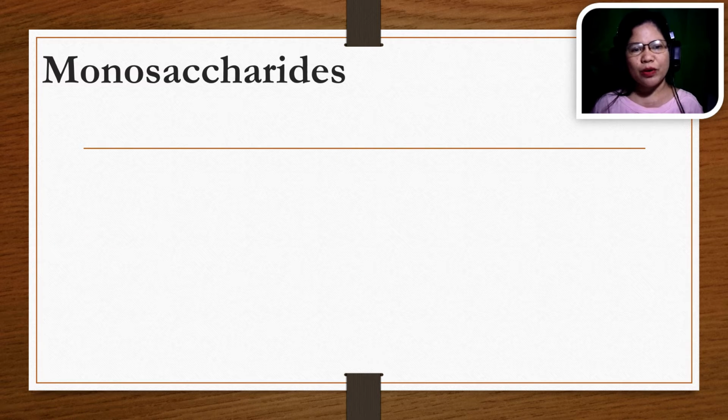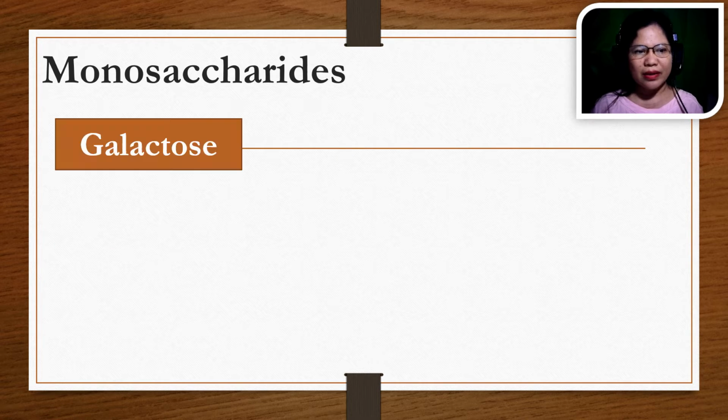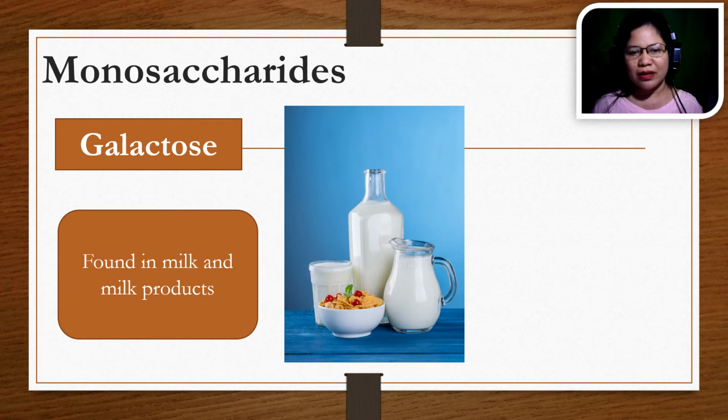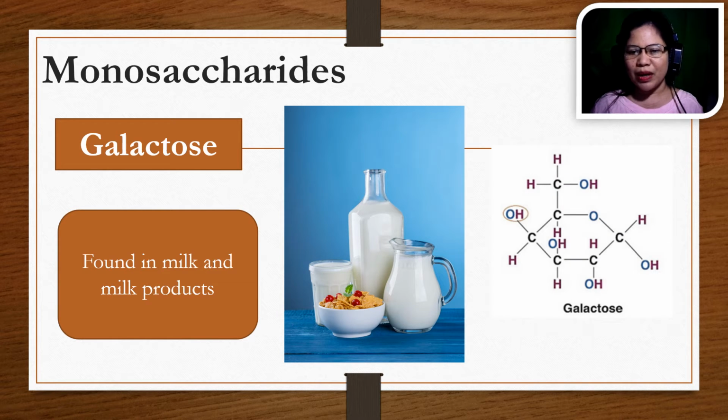Okay, the second type of monosaccharide is the galactose. So galactose is usually found in milk and milk products. Okay, so dairy products. And this is the chemical formula of galactose.